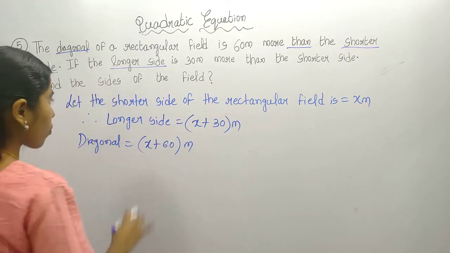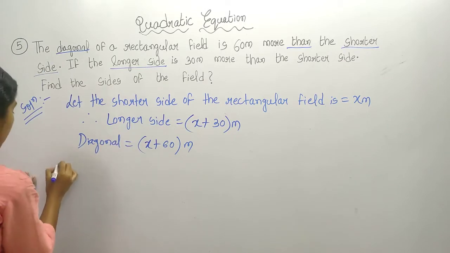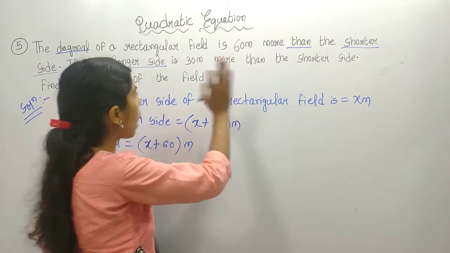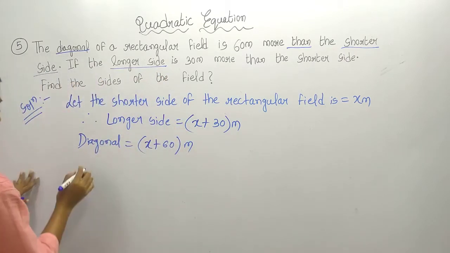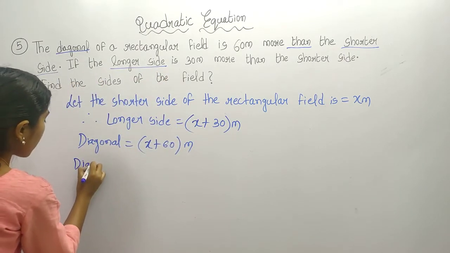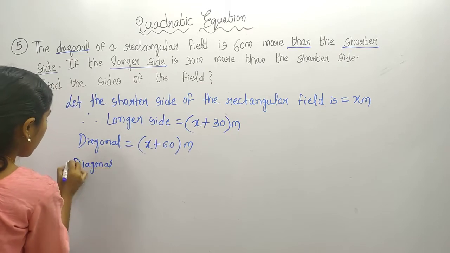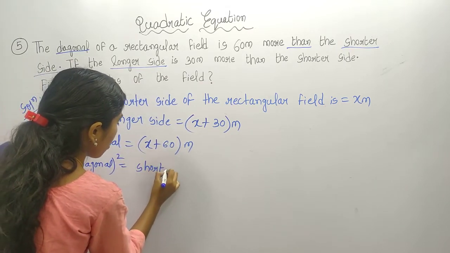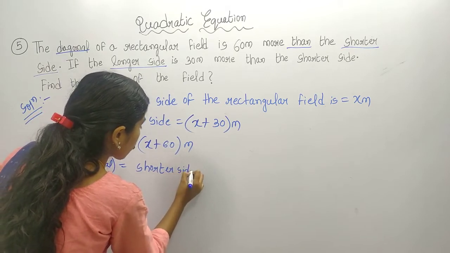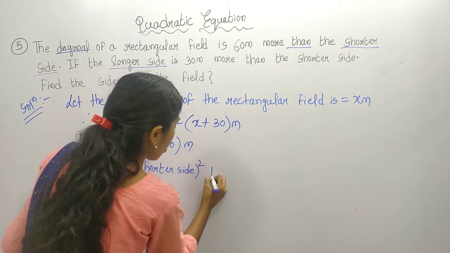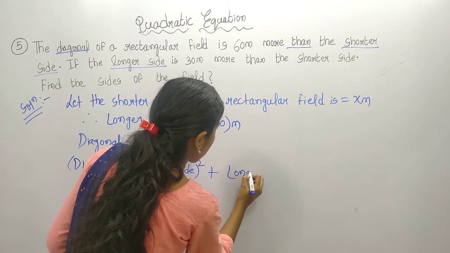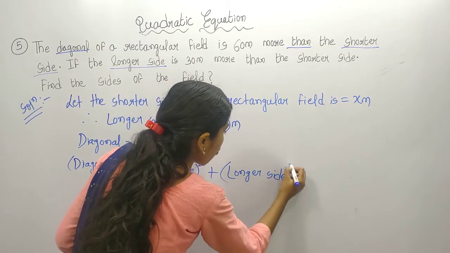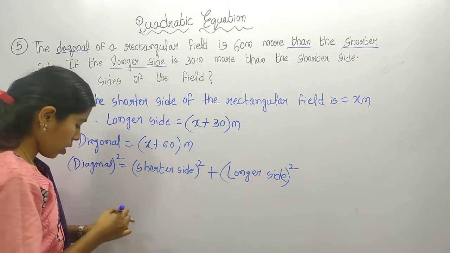Okay. So in a rectangle, if the diagonal, shorter side and longer side are there, then the formula is diagonal square equals shorter side square plus longer side square. According to this formula, we will solve. So what will happen?